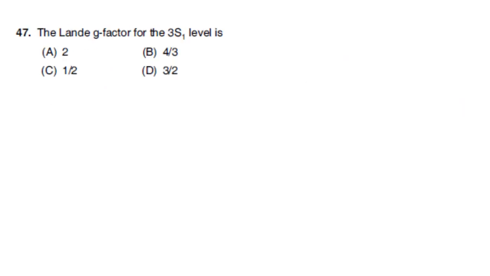The Landé g factor for the 3S1 level: G is given by 1 plus [J(J+1) + S(S+1) - L(L+1)] divided by 2J(J+1). Here, since it is an S state, the value of L is 0.